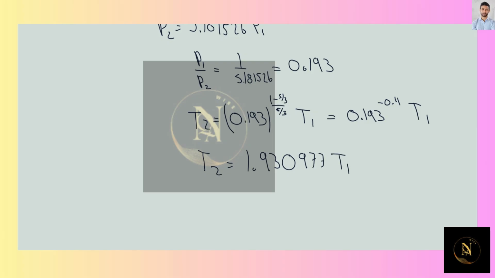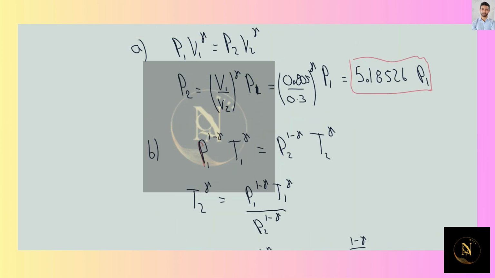So you can cut off the values up to the number of significant digits that you want. So these are going to be the answers.